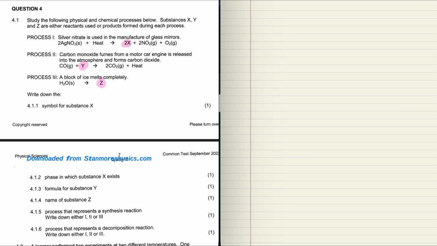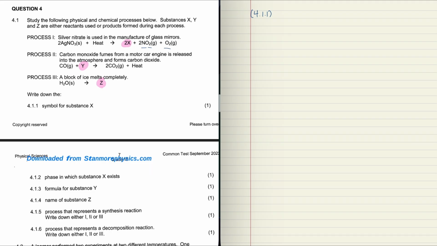So 4.1.1 says, write down the symbol for substance X. So to figure this out, one way to solve it is by process of elimination here. So on the left hand side, you have Ag and you have NO3. Now you have nitrogen, you have oxygen, you have oxygen.